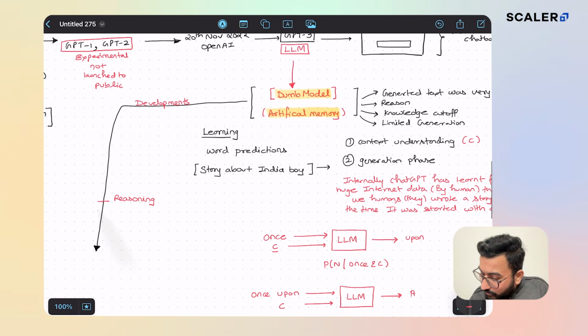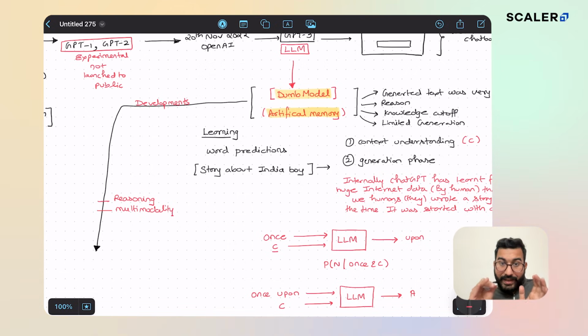Second power was multimodality. Now this basically means ChatGPT is able to input and output in multimodality. Matlab, ChatGPT can take your image as the input, voice as the input, video as the input, and can generate the same thing in the output also.